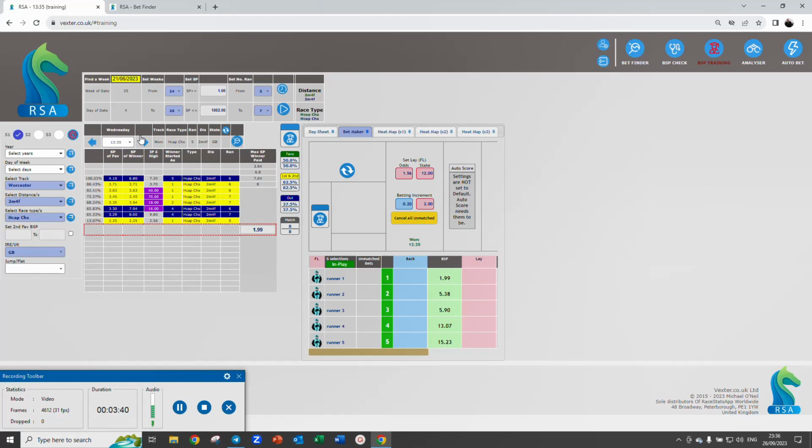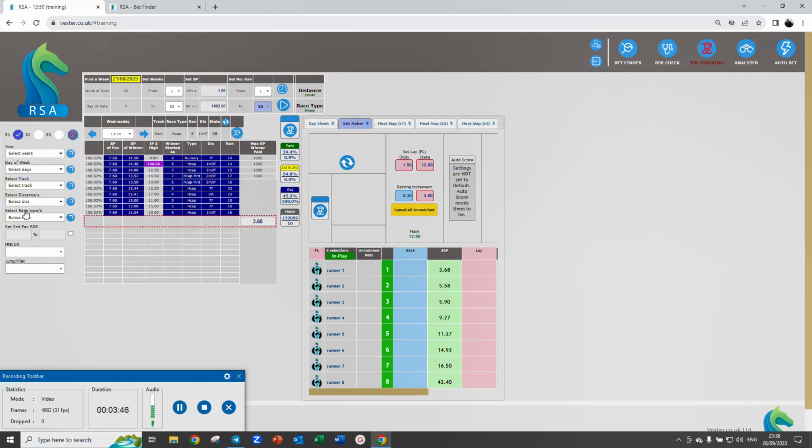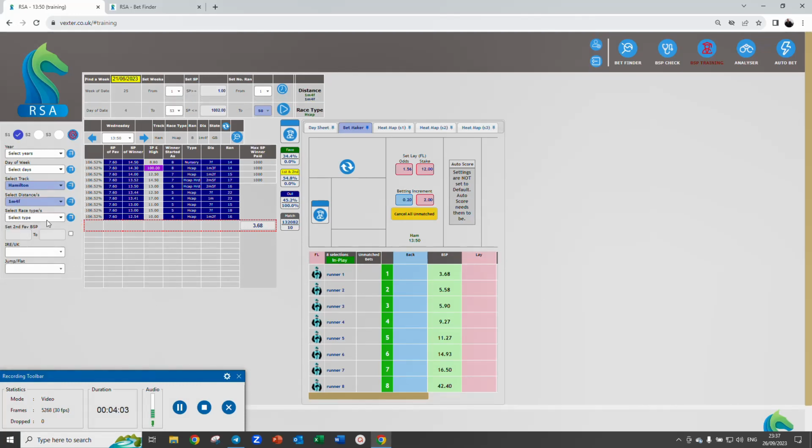Okay, so when a race happened, what we had to do was go, oh, it's a handicap. So we'd go track, Hamilton. That's why these are here, and that's why they're still here. So we'd go Hamilton. Then we'd go 1 mile 4. Then we'd go type is a handicap.